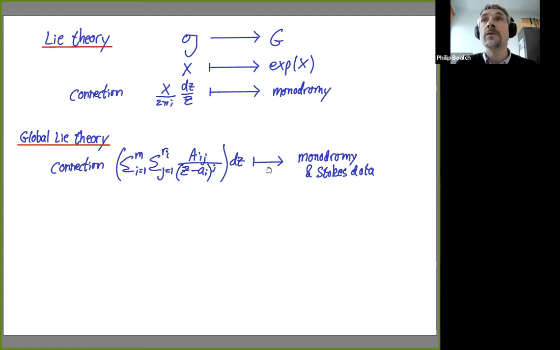So the basic game that we want to play: there's a natural Poisson structure on the additive side, on the space of rational connections, and this also extends to higher genus as well. We want to look at a good symplectic leaf of that, and I'll talk about what I mean by good later on.